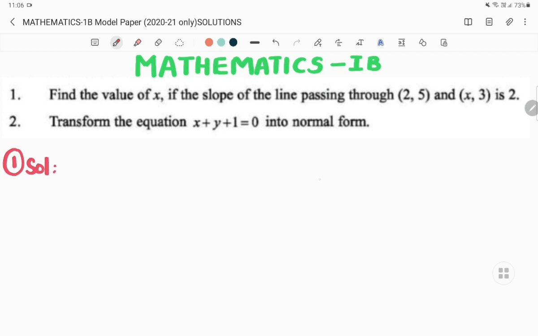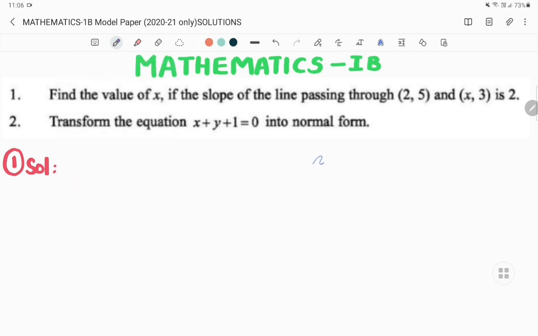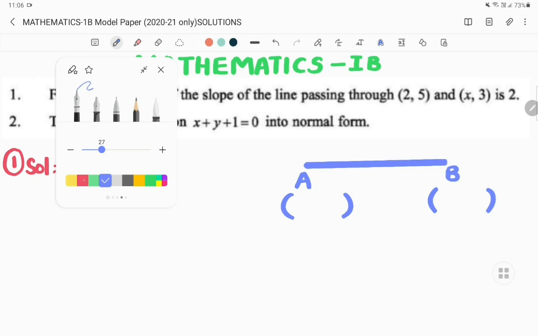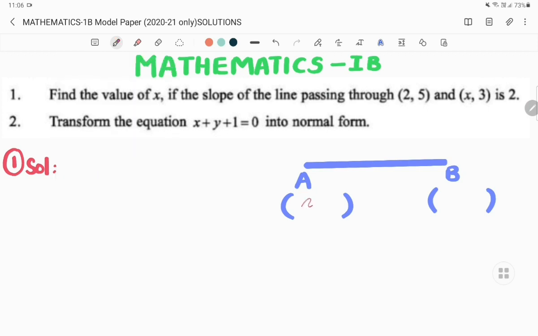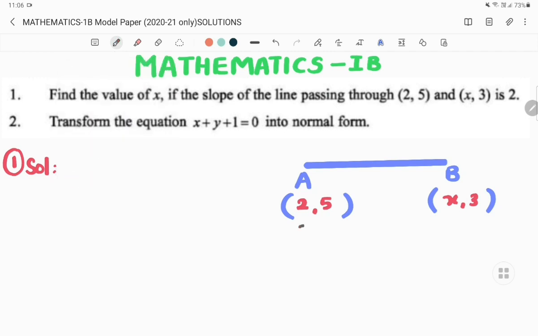A rough figure: the points (2, 5) and (x, 3). Just denote these values as x1, y1, x2, y2.